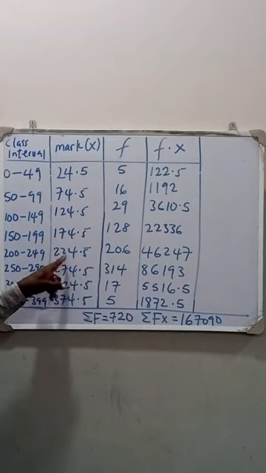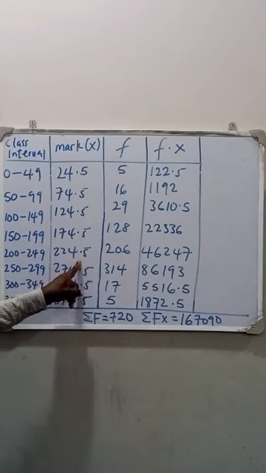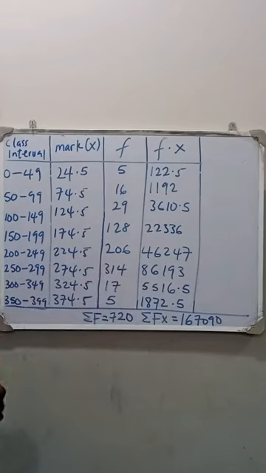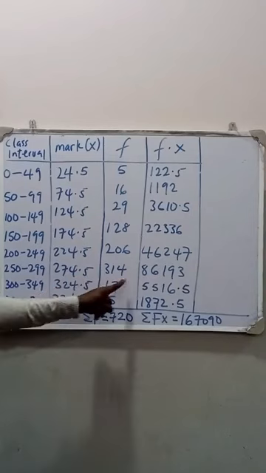The next one, 224.5 multiplying 206 gives us 46,247. The next one, 274.5 multiplying 314.